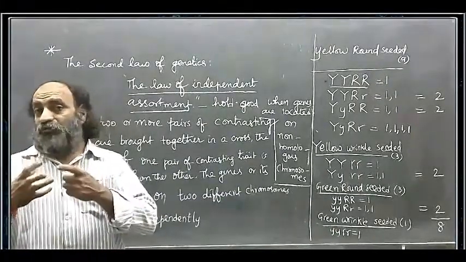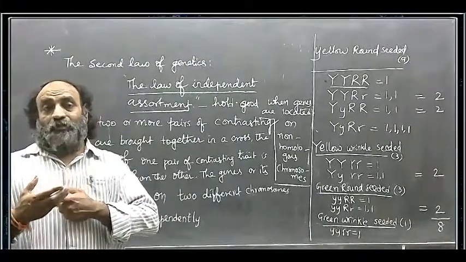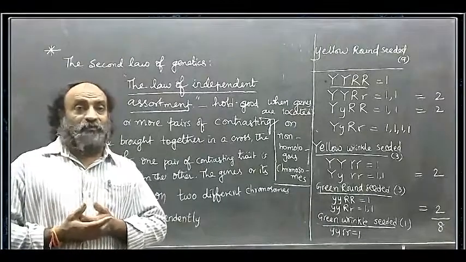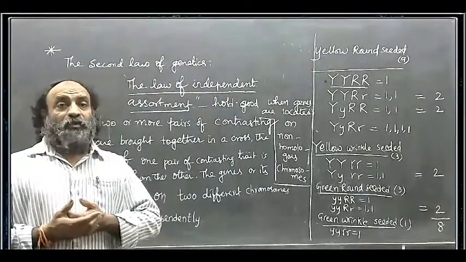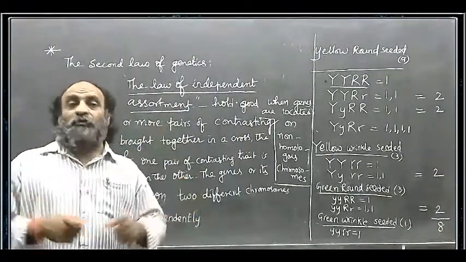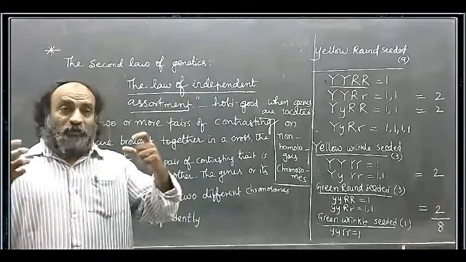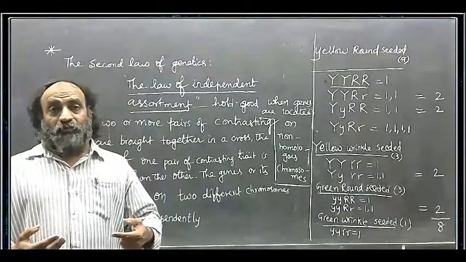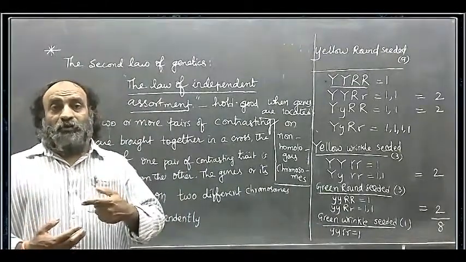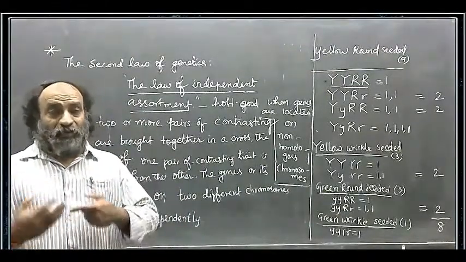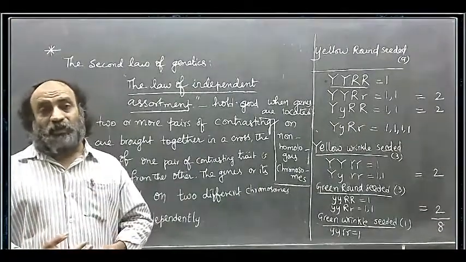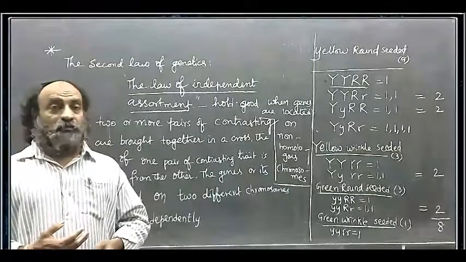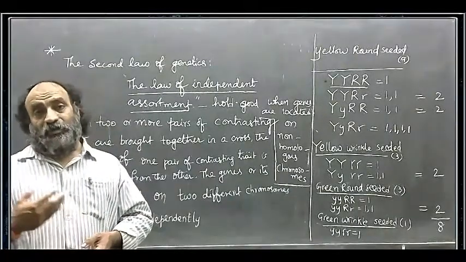Then you should follow the basics of the dihybrid cross, frame a checkerboard, obtain the results, then analyze the results. I have shown the way of analyzing the results of a dihybrid cross, and at the end you have to define the law of independent assortment.